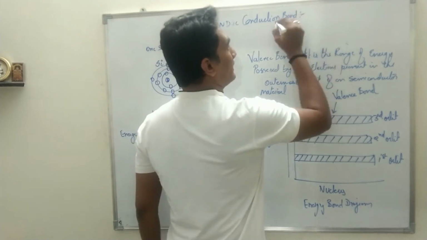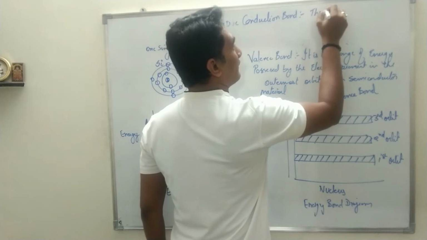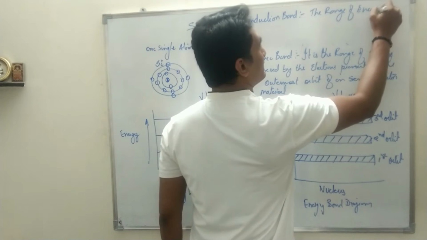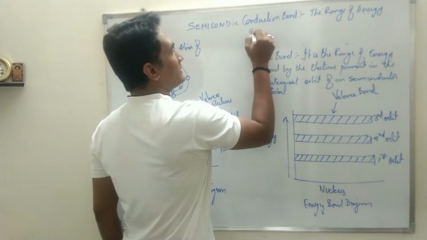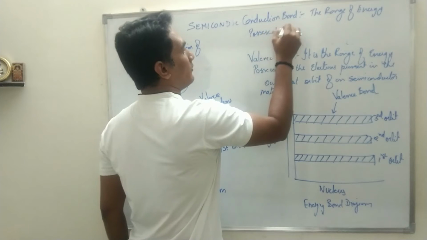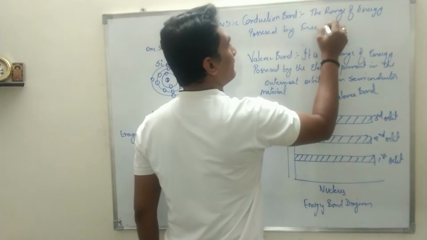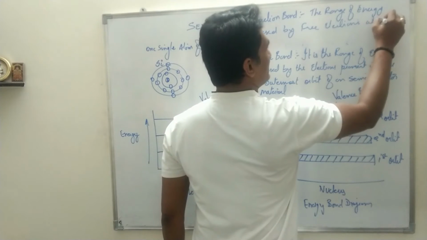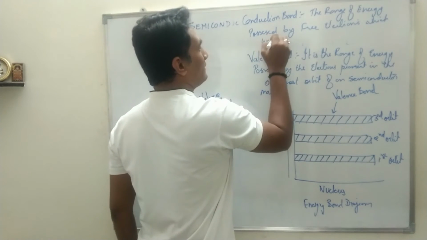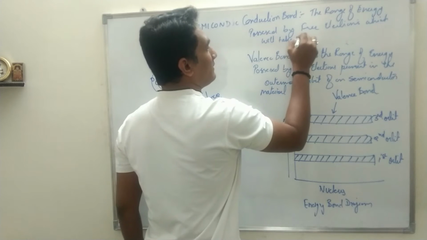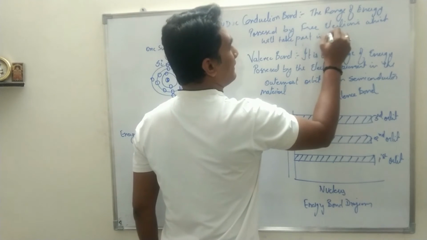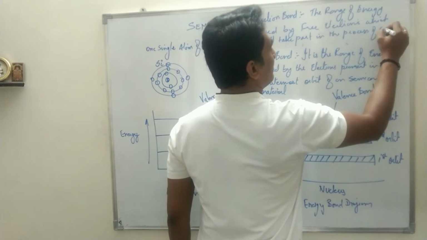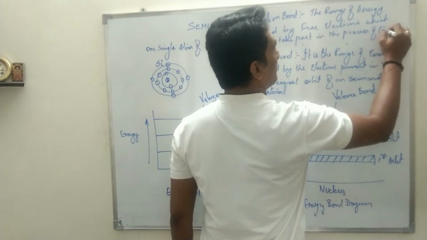So conduction band means the range of energy possessed by free electrons which will take part in the process of conduction.